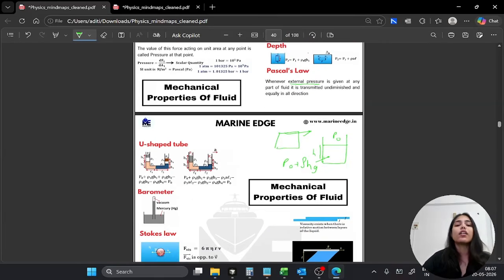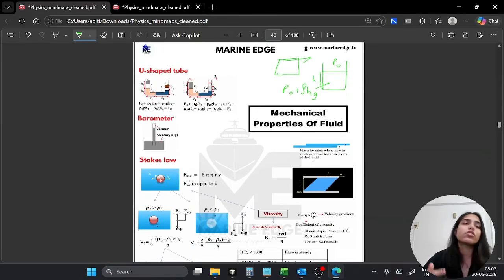Next, we have a U-shaped tube. Now, this is used in a lot of devices, for example the lift that carries heavy cars in car washes. If you apply some force here, that pressure will be distributed, and the same amount of pressure will be exerted on the other side of the fluid.